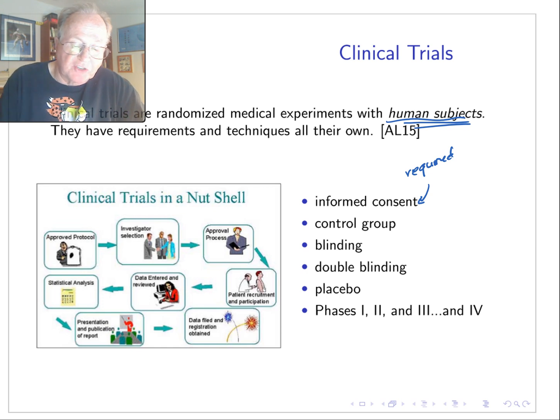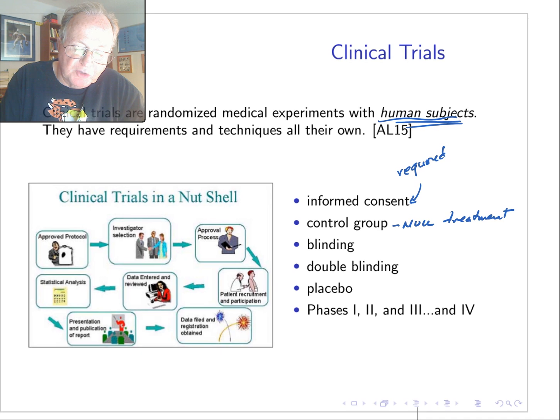Clinical trials always have a control group, what we would call a null treatment. And most modern clinical experiments use some sort of blinding. Simple blinding means that the subjects are unaware of treatments.